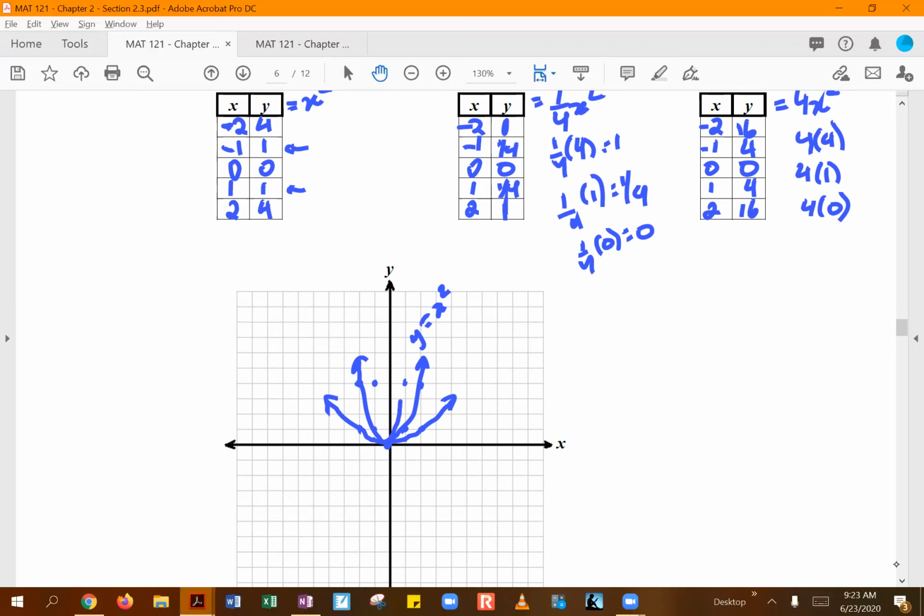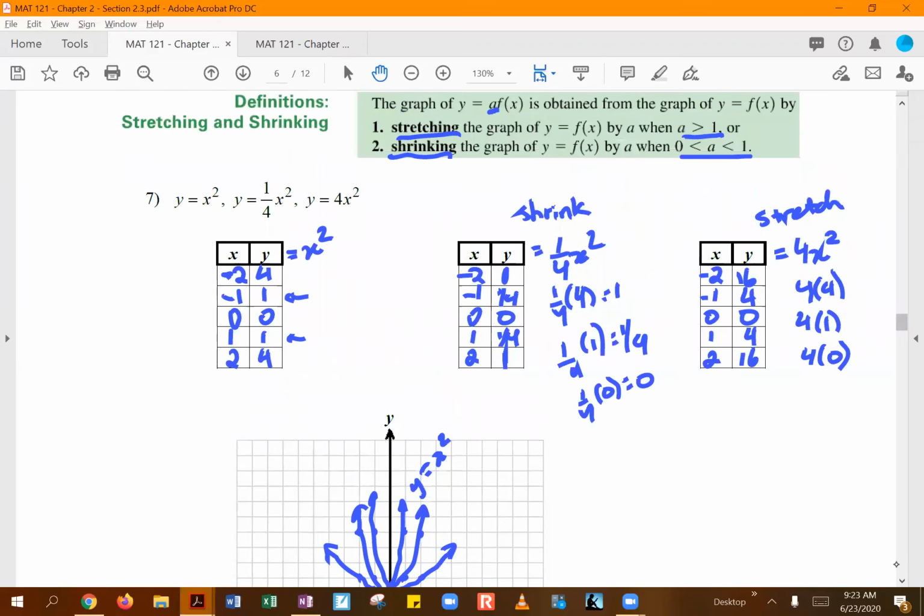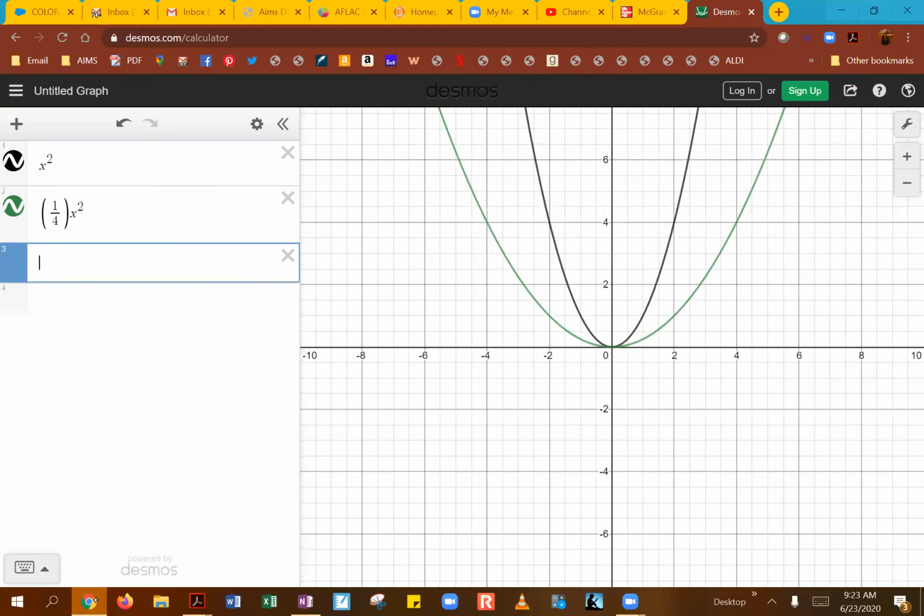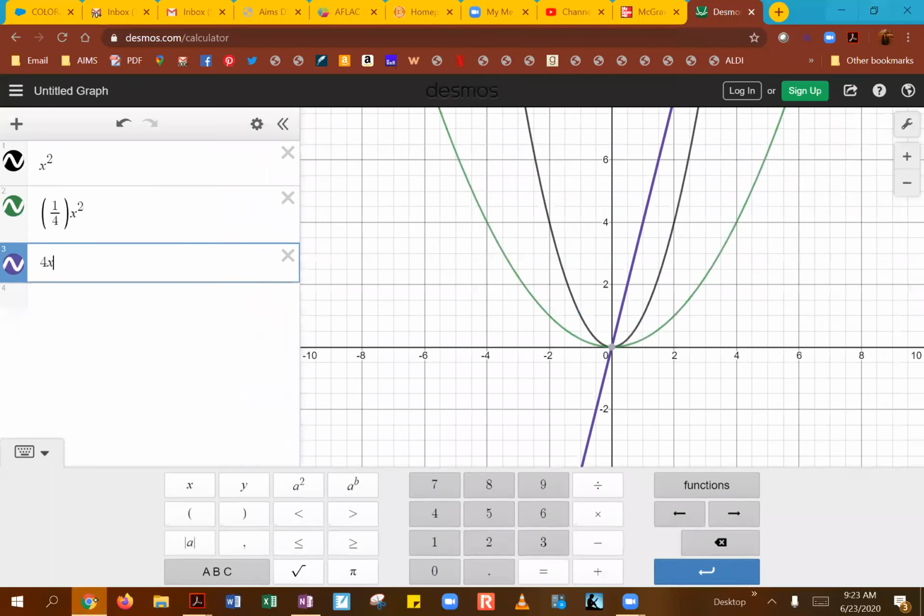But now you can see how that stretching is happening, right? So it's actually making our graph narrower. So if it helps, you can think in these terms of the shrinking is making our graph wider, and the stretch is making our graph narrower. So let me show you here again on Desmos.